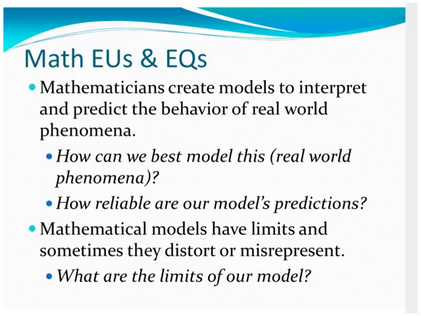So my essential questions are, how can we best model the real-world phenomena, and how reliable are the model's predictions? My second enduring understanding is, mathematical models have limits and sometimes they distort or misrepresent. So the question, what are the limits of our model?